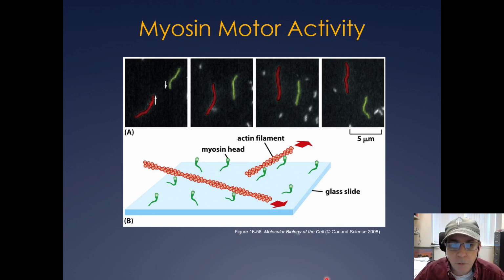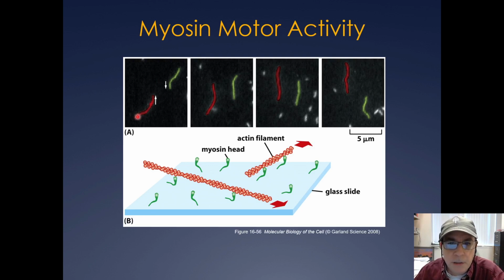Okay, so if you were to take a slide and coat myosin on it, it has this head group, and the tail is going to be associated with the glass slide. And if you just put actin filaments on it, they're going to have direction, and they're going to move, provided that you're supplying a ready supply of ATP to the glass cover slip.